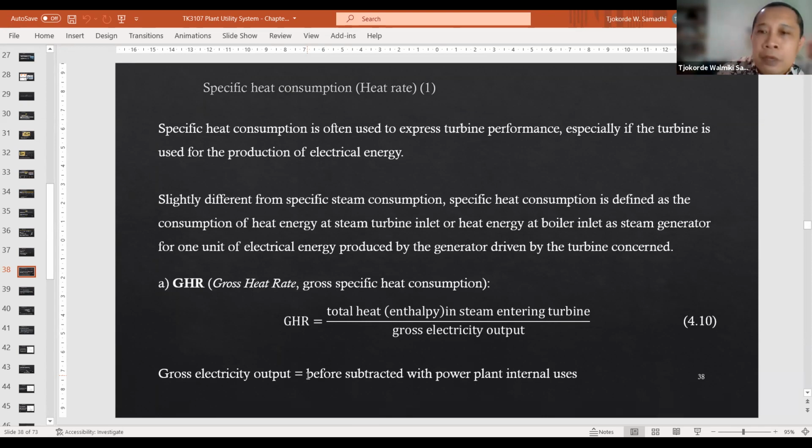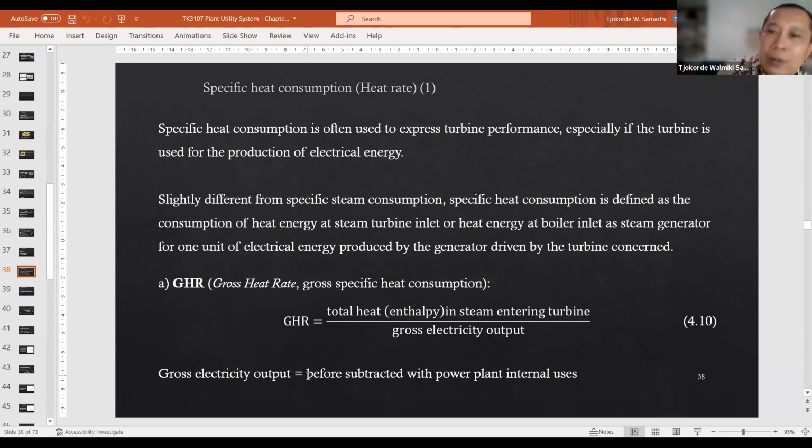If you drive by a PLTU at night, of course you will see lights everywhere. You can also imagine that they need electricity to operate their own machineries. They have their own instrumentation that requires electricity. So we call that power plant internal use.